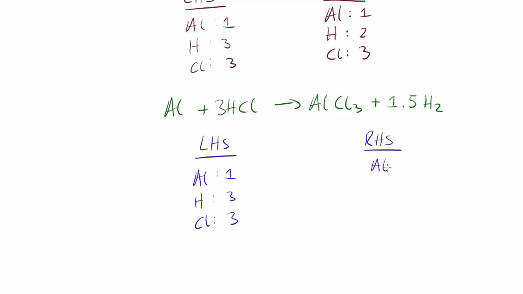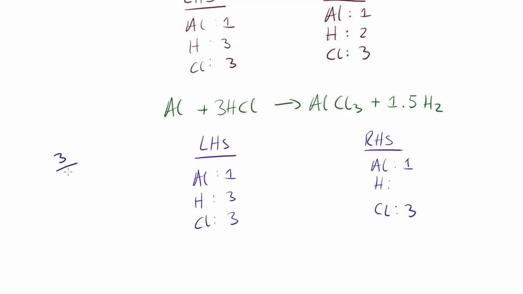So on the right side, I'm going to deal with the Al and the Cl first. It's going to be simply the same, so it's going to be a 1, and for Cl it's still going to be a 3. But for the hydrogen, because I put the 1.5 in front of the H2, if you multiply 2 by 1.5, of course you're going to get 3.